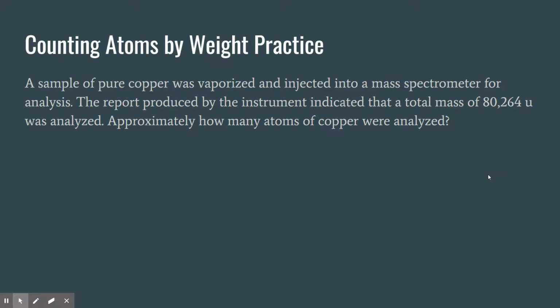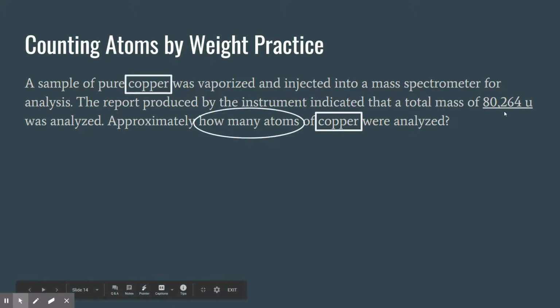The report produced by the instrument indicated a total mass of 80,264 atomic mass units was analyzed. Approximately how many atoms of copper were analyzed? I'm going to annotate always by underlining what is given to me, putting boxes around substances so I can easily find them on the periodic table, and circling my question.